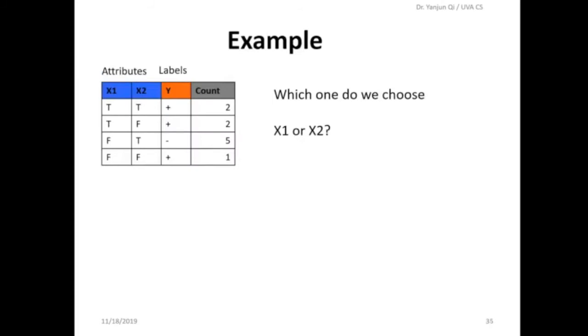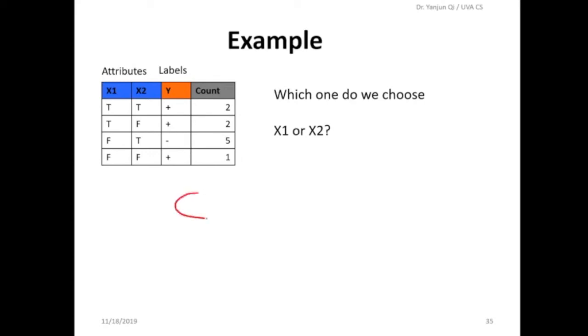I don't want to calculate it, but I want to give you a concrete example to show how to do this. Again, this is the training data we're given. How do I pick from x1 or x2? First of all, I need to write the nodes.